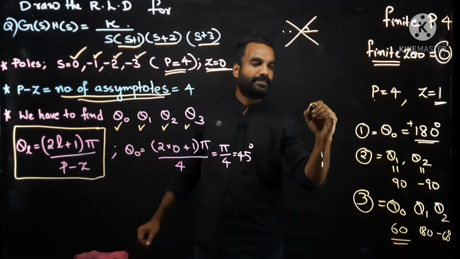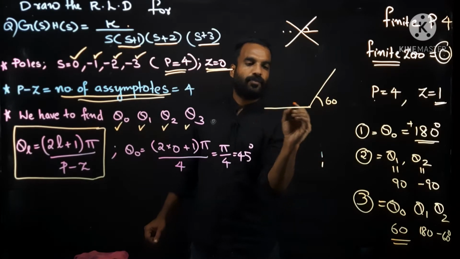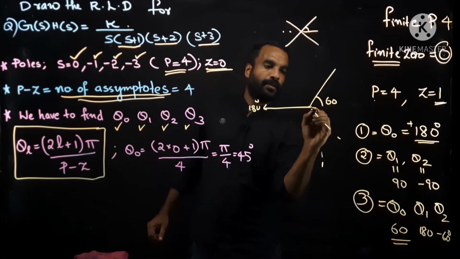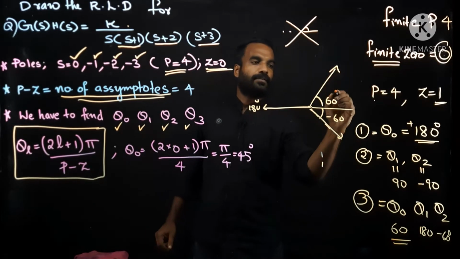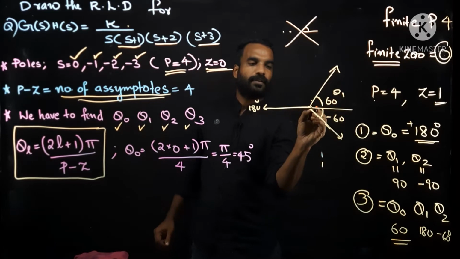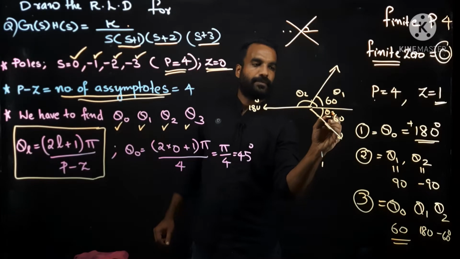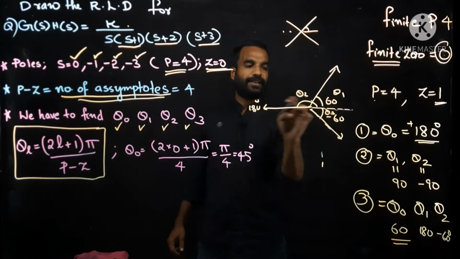It will be like this. Plus 60, 180, minus 60. Theta 1, theta 2 and theta 3, like the leaves of a fan. This is the axis. We are having 3 asymptotes.